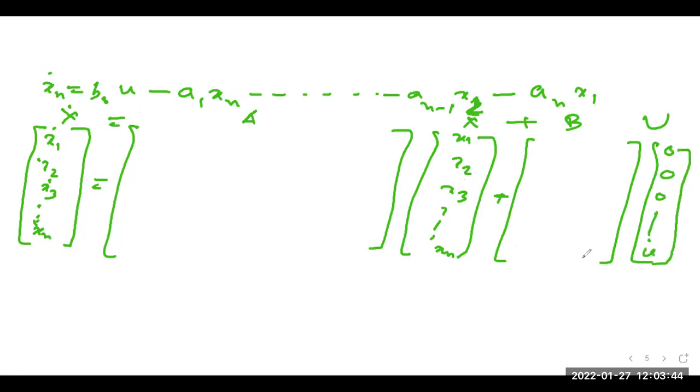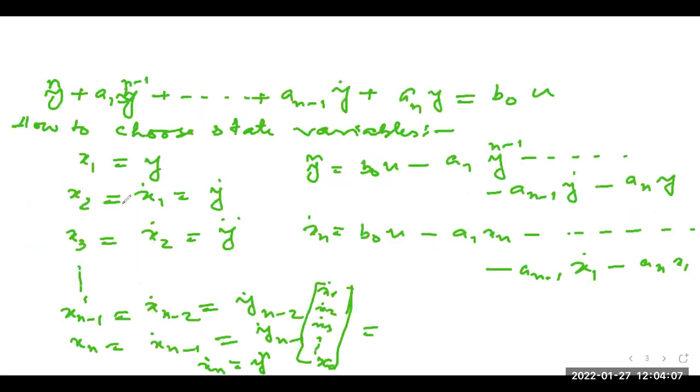Now here you see, first of all, do you understand that x1 dot equal to x2? If you see how we have chosen the state variables, yes, x1 dot equal to x2.